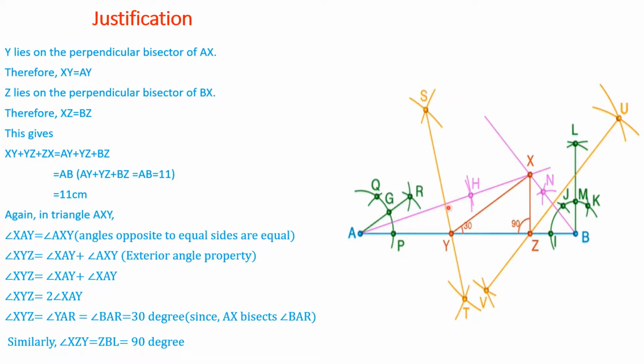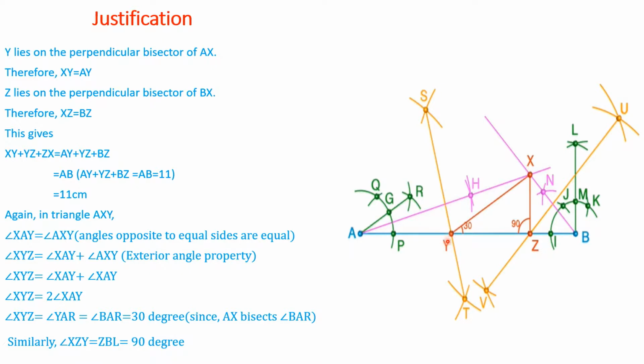Now see here, we have drawn ST. ST is a perpendicular bisector of AX. AX is a line segment to which perpendicular bisector ST is drawn. Any point on the perpendicular bisector is equidistant from the end points of the line segment to which the perpendicular bisector is drawn.